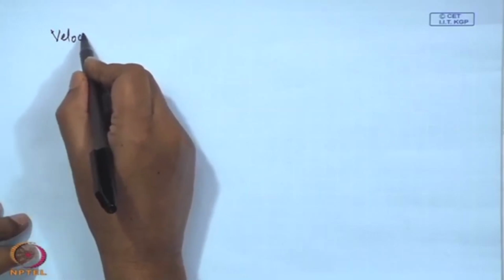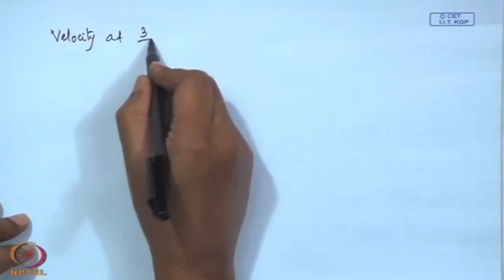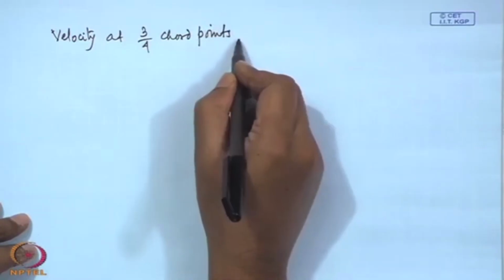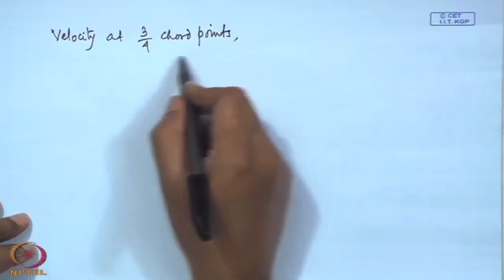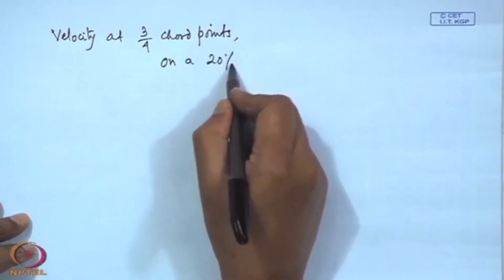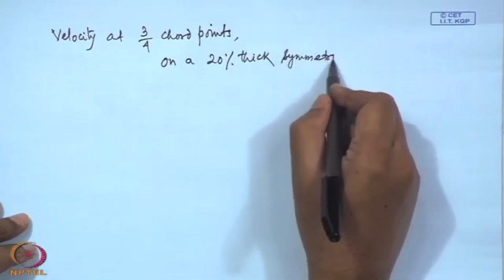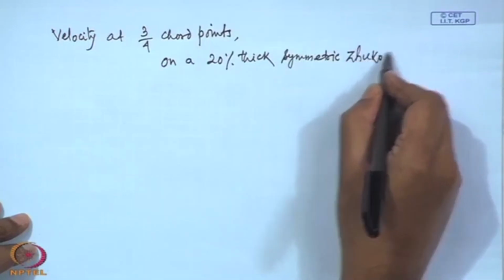Let us consider one more. Find the velocity at the 3/4 chord point on a symmetric Joukowski airfoil of 20% thickness.